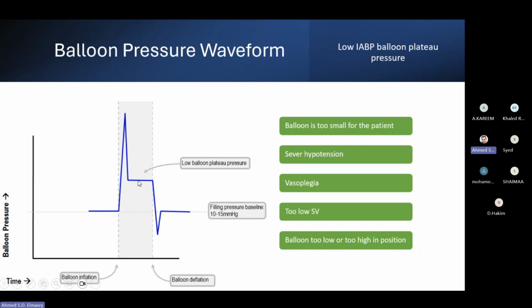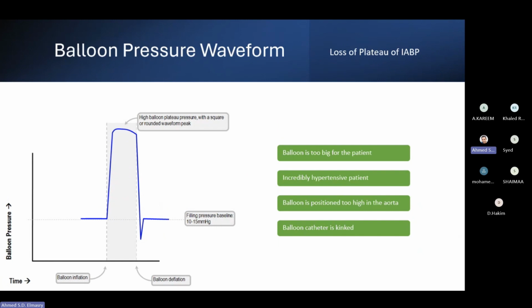But if the level has been reduced markedly to this one, you might have many issues, like severe hypotension, severe vasoplegia, very low stroke volume, and you might have a very small balloon, like 34 cc instead of 40 cc, or the balloon positioning is too high or too low.